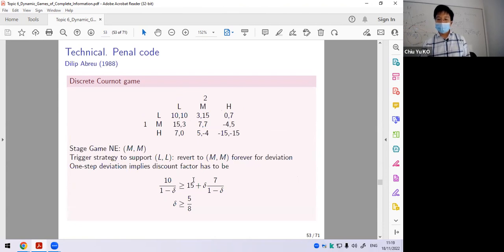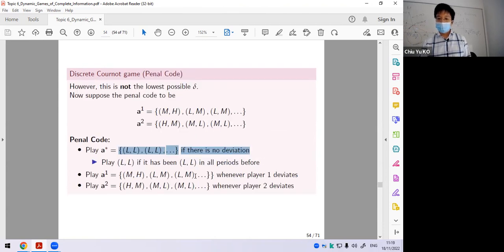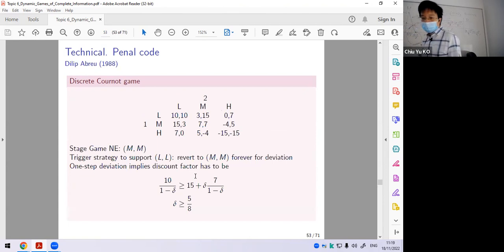If player 1 deviates, we'll go to MH and LM. So why is this better than 7-7? The reason you can see is that this and this are worse than 7, right?